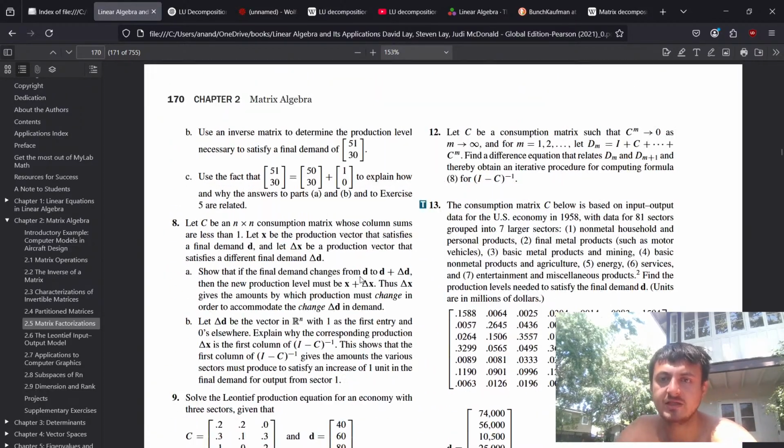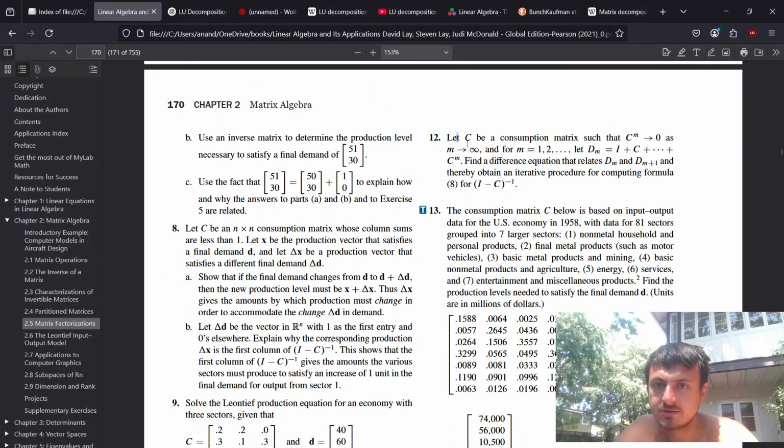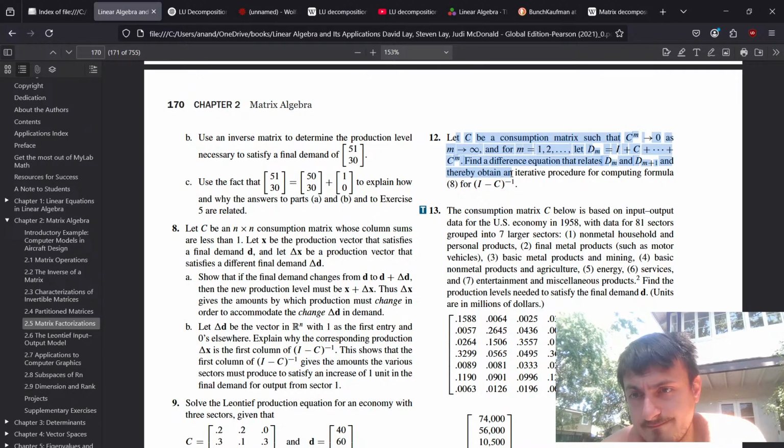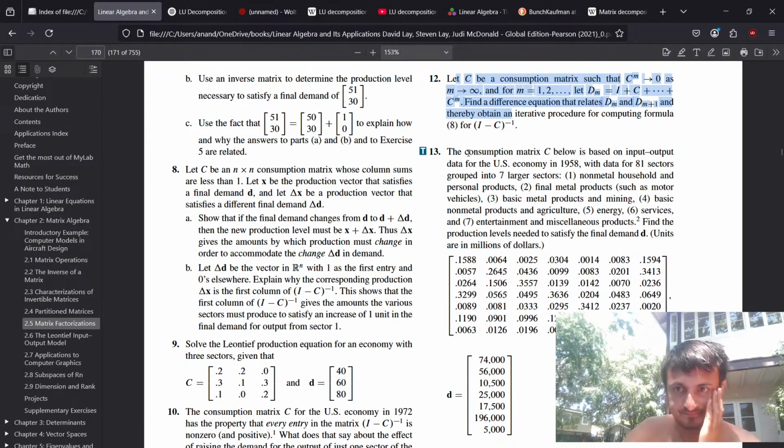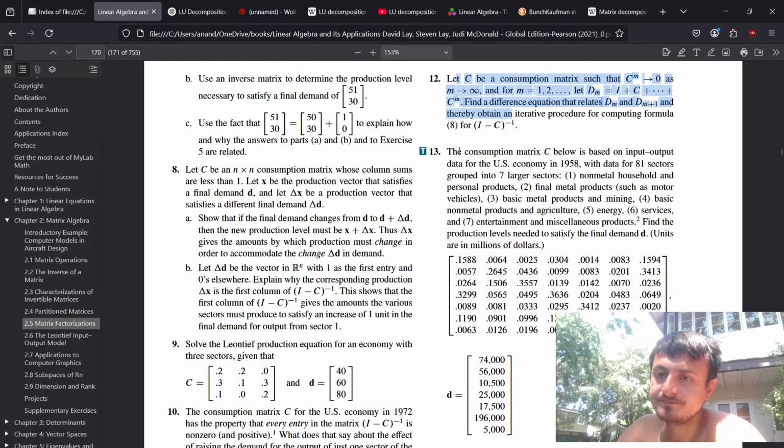Whatever. Let's do one of these cool ones. Let C be a consumption matrix. Here we go. This one's cool.